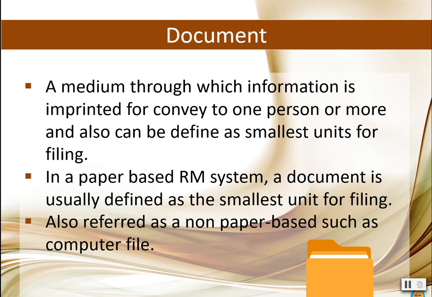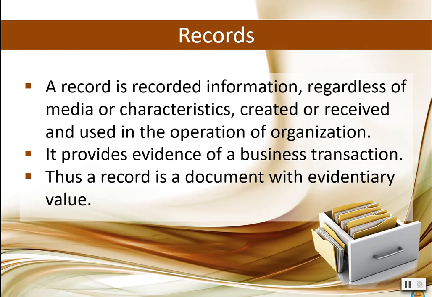When you create a folder on your computer or laptop and put any file in that folder, we call it a document. For example, you name the folder assignment 1, and you have a document inside it. That is a non-paper-based document.